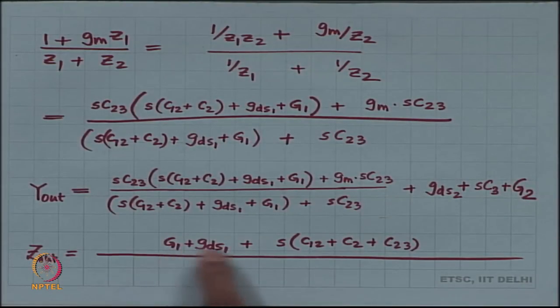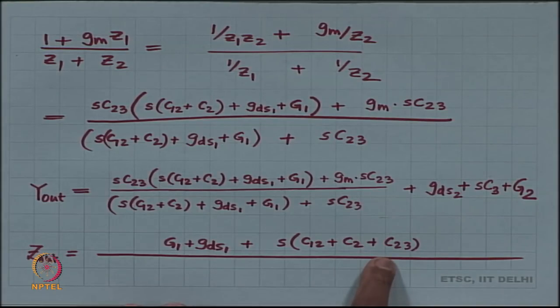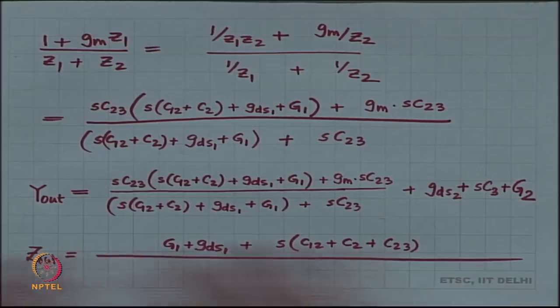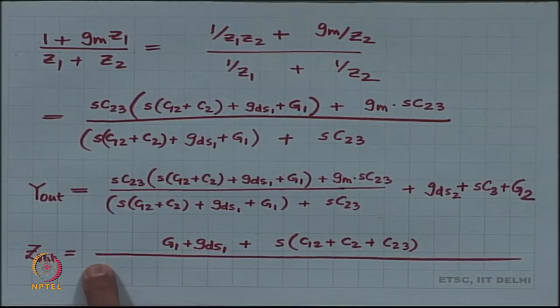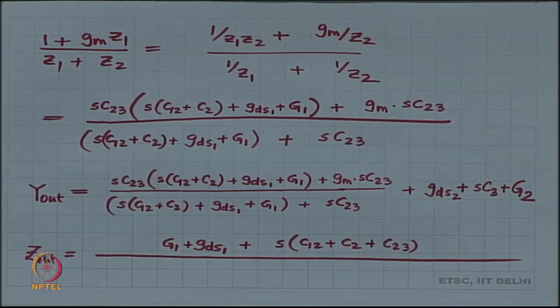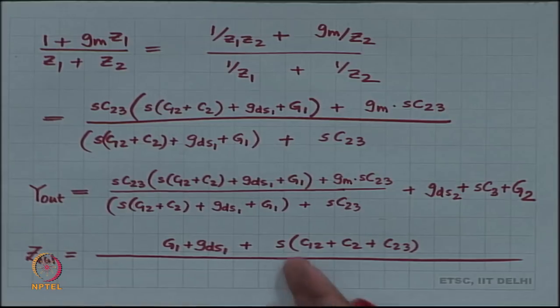Here I have the parallel combination of RDS1 and R1, and I have C12 plus C2 plus C23. Of course, I have to take that thing common out, right. As soon as I take G1 plus GDS1 common, I will get exactly the same thing. I mean, you have to take it common.